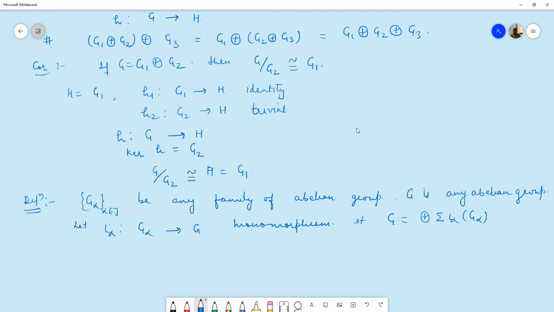In fact, G is direct sum of these subgroups, I alpha G alphas. Then G will be called external direct sum of the groups G alpha relative to the monomorphisms I alpha.